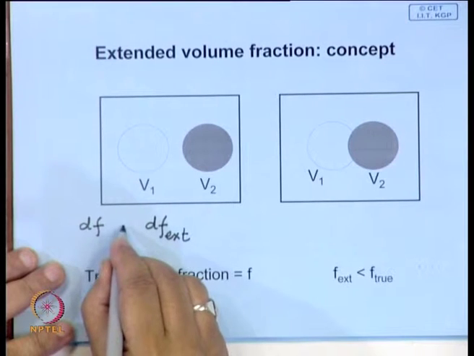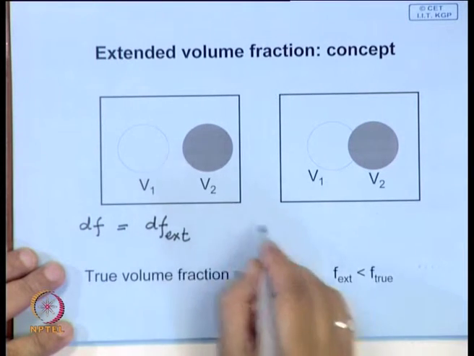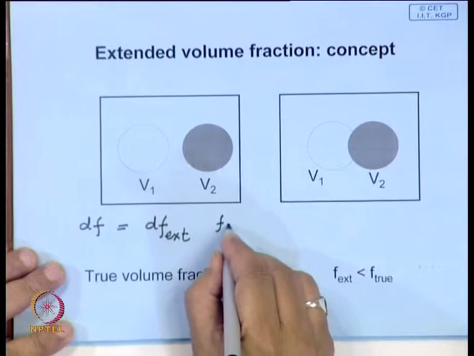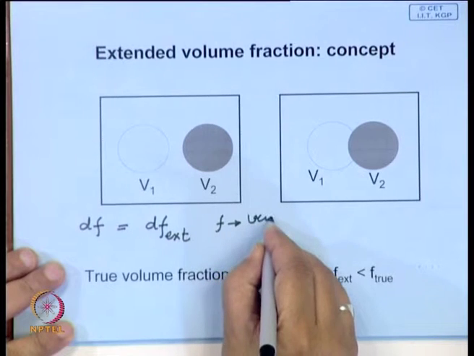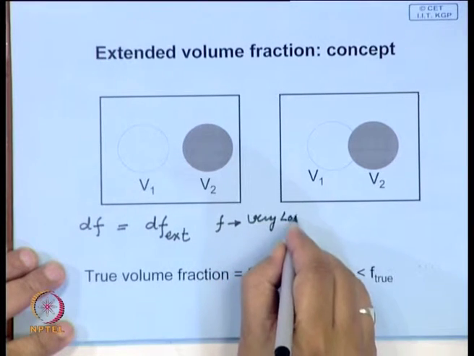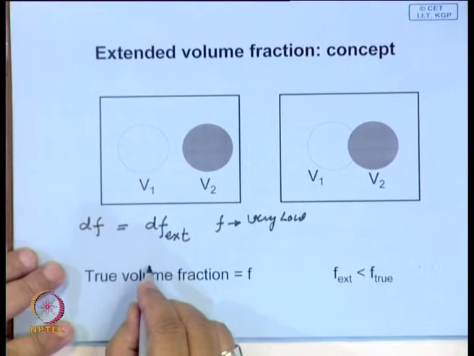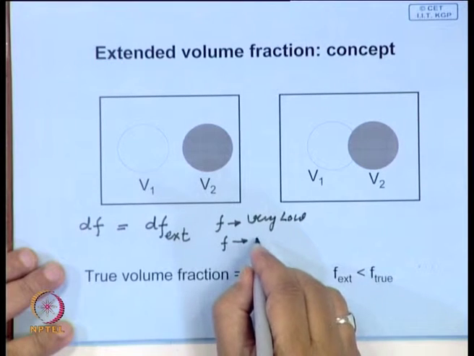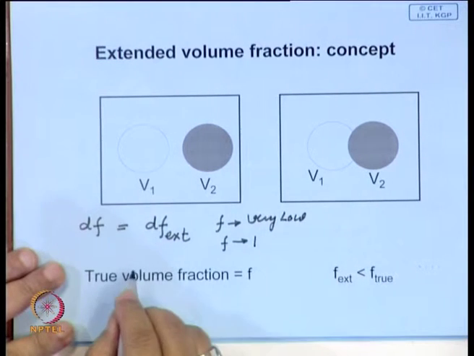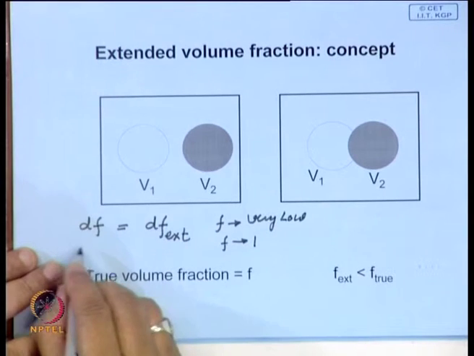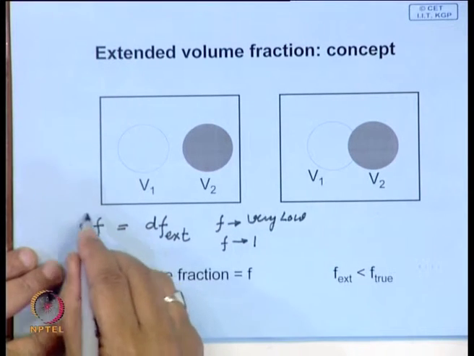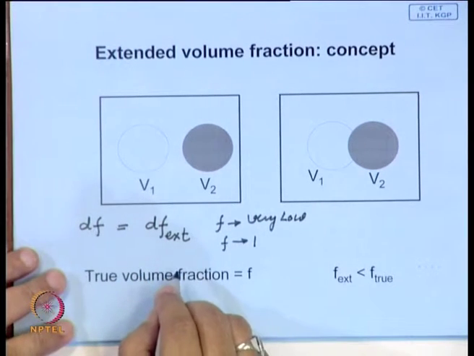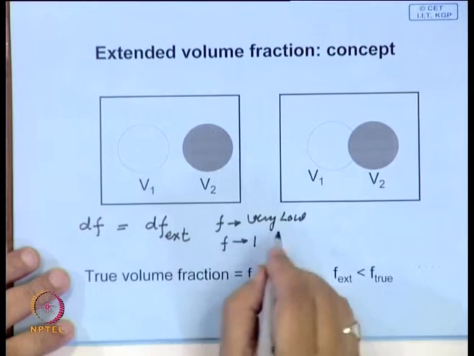Now, these two will be nearly equal when the volume fraction is very low, as the chance of impingement is remote. But when f approaches 1, in that case what should happen? Then this increase in the true volume fraction will be extremely low, it should tend towards 0.